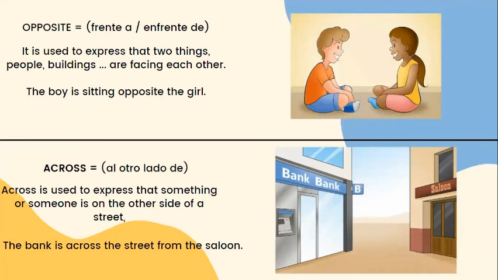Opposite signifies frente a, enfrente de. It is used to express that two things, people, or buildings are facing each other. The boy is sitting opposite the girl. Across signifies al otro lado de. Across is used to express that something or someone is on the other side of a street. Example: the bank is across the street from the salon.